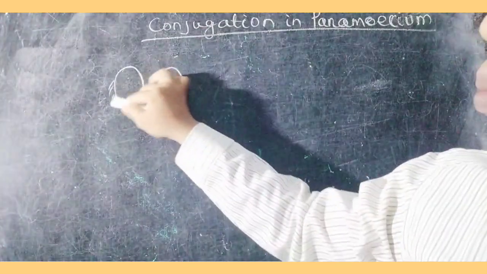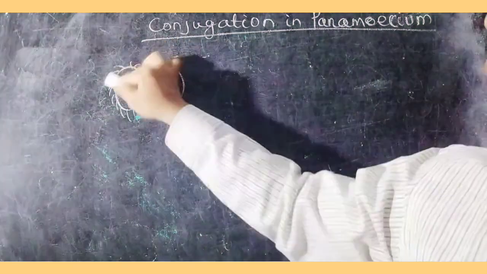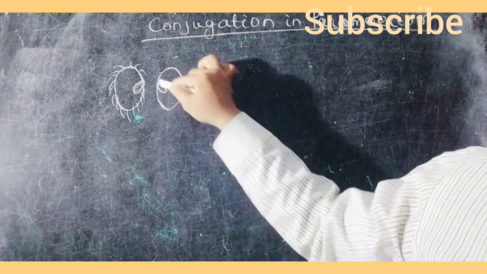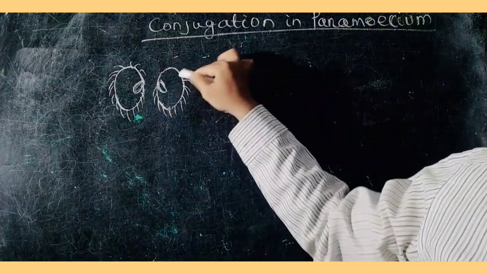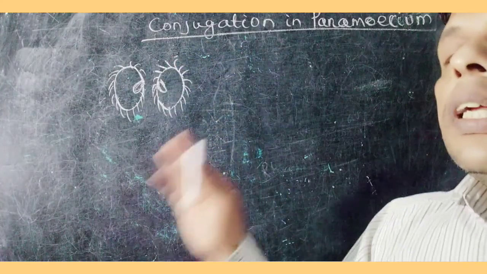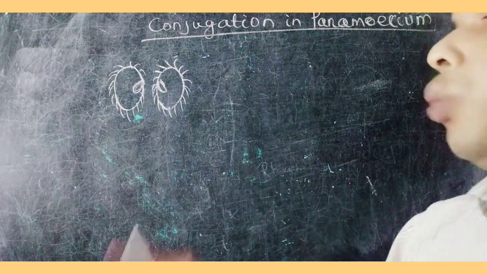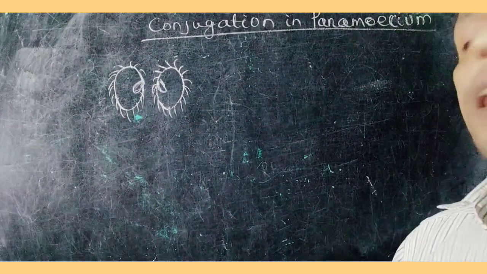The body is covered with cilia. Here is the oral groove, here is also the oral groove. What happens during the process of conjugation? The two conjugants come in close contact with each other at their ventral surface.